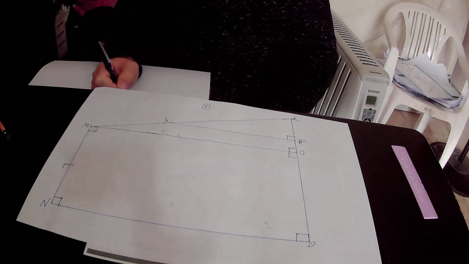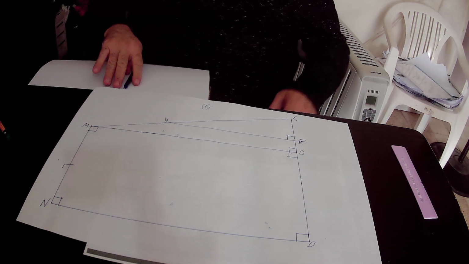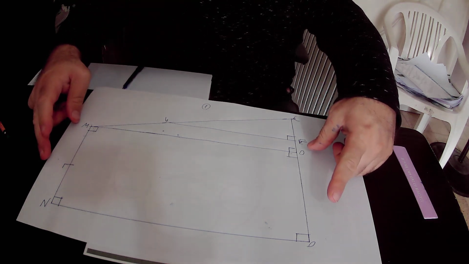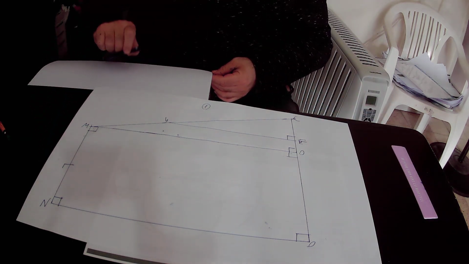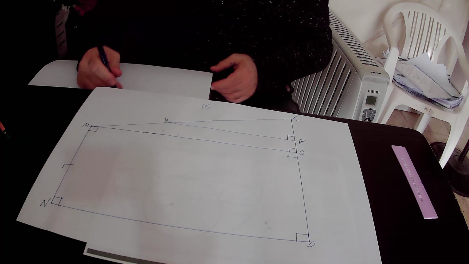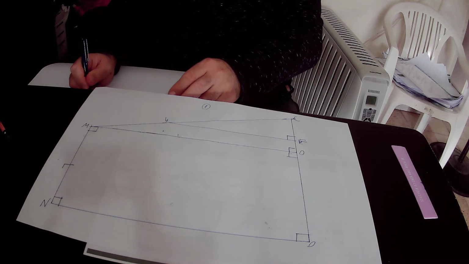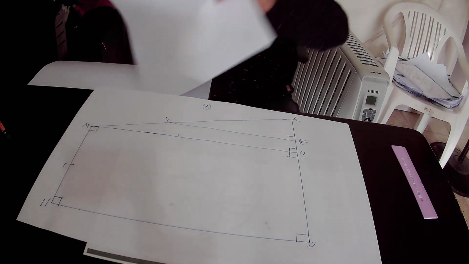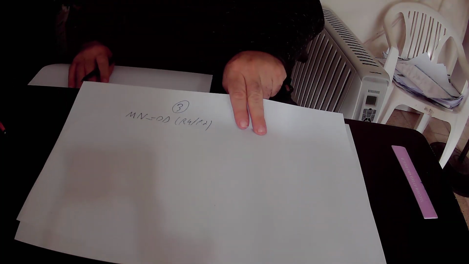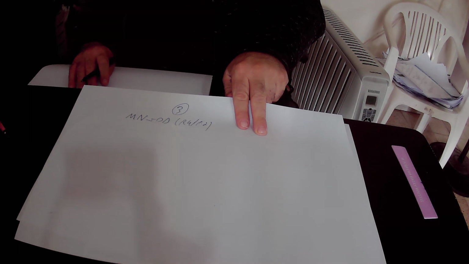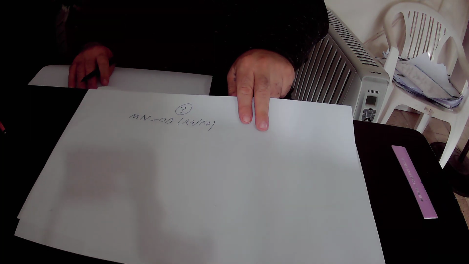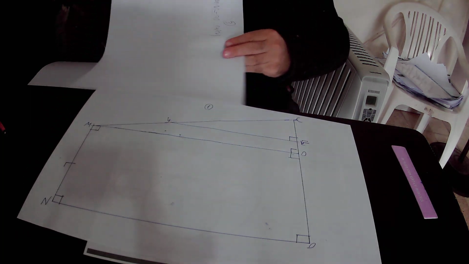The opposite sides MN and OD are equal to each other according to rule number 2. I will repeat again. MN equals OD according to rule number 2, that the opposite sides of a rectangle are equal to each other.